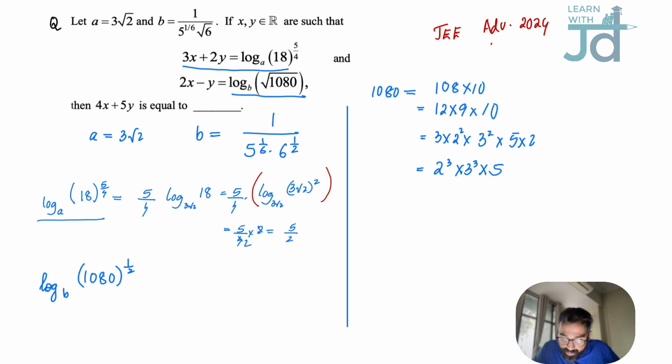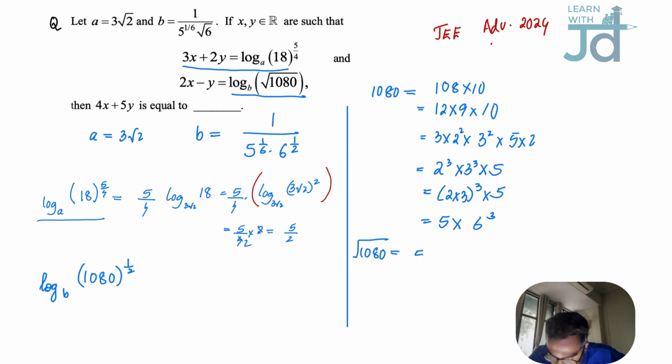Now we need a relation between 5 and 6. 5 is there, but 6 also we will be able to form. Why? Because 2 and 3 have exactly the same power. So I can club 2 into 3 and make it 6 raised to cube into 5. So 5 into 6 cube is your 1080. But this is the square root of 1080, which is basically 5 raised to 1 by 2 and 6 raised to 3 by 2.